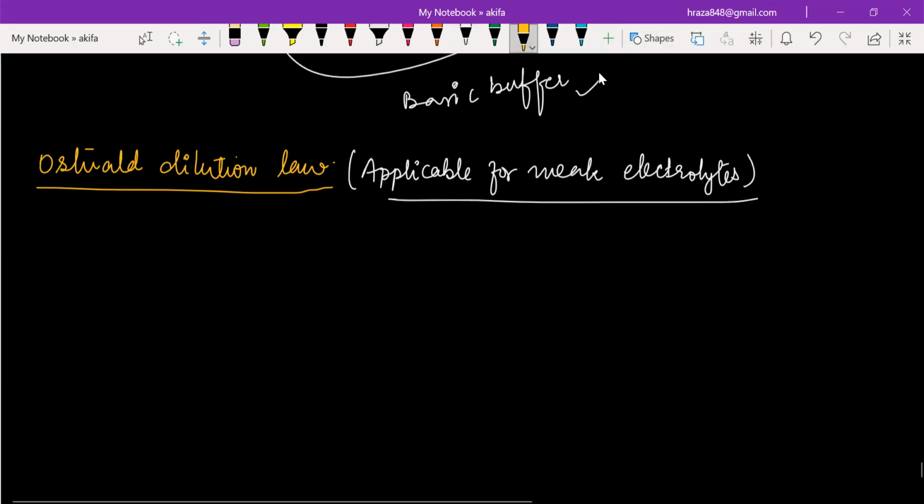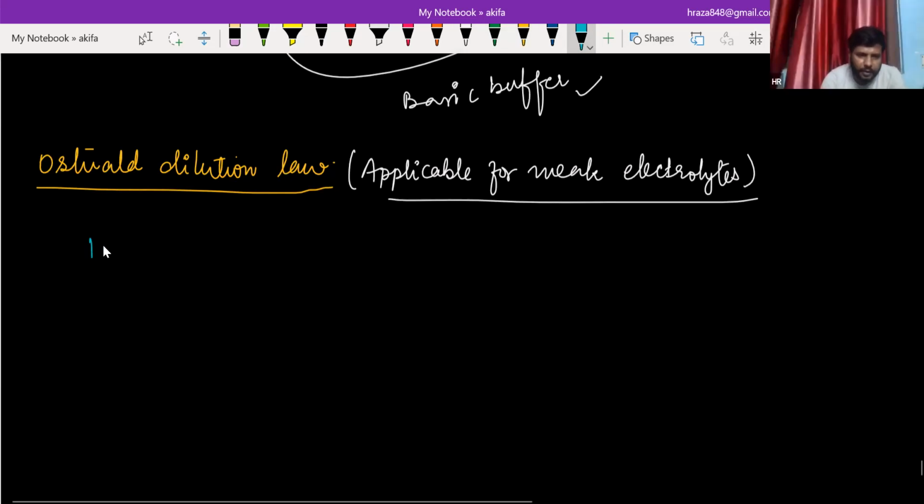Yes. Now see, a weak electrolyte is here, which is an acid. It will dissociate into ions H plus and A minus. And you know that if it is a weak electrolyte, it won't be 100% dissociated, right?